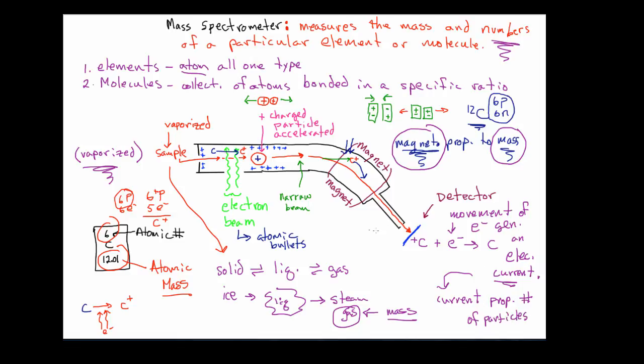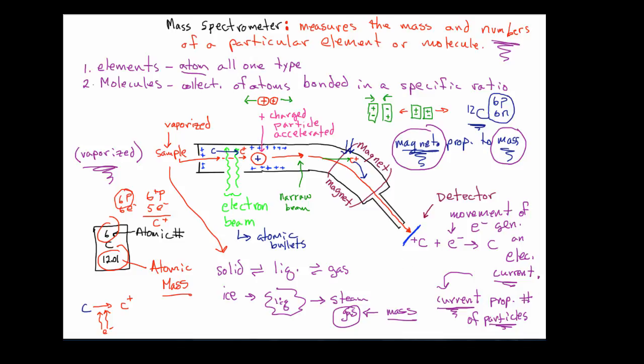So the smaller the current, the fewer the particles. The larger the current, the more particles you've got. So we can tie the amount of electrical current, the charge to mass ratio, to the number of particles.